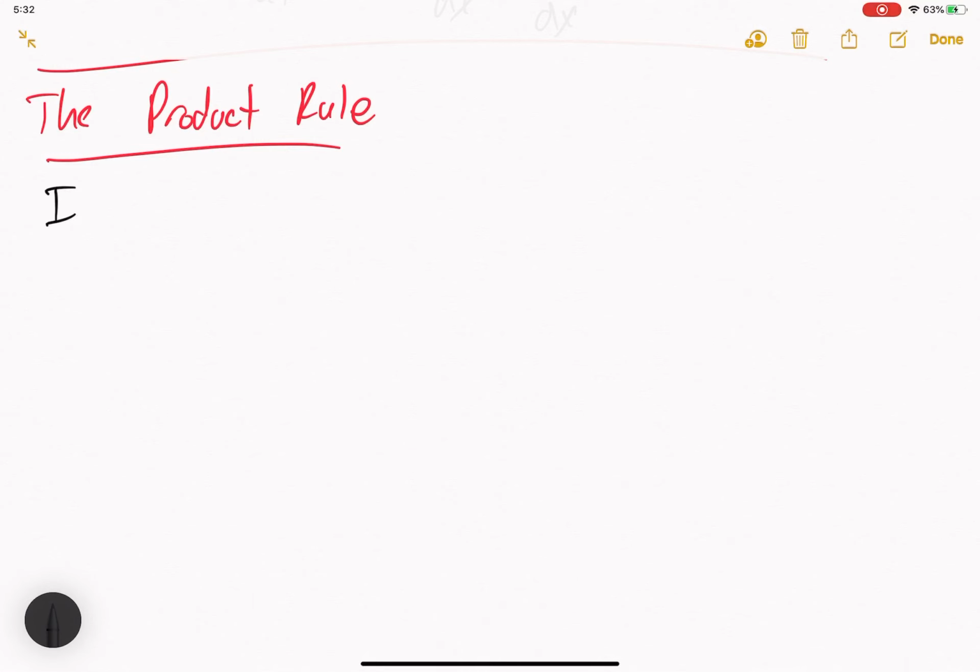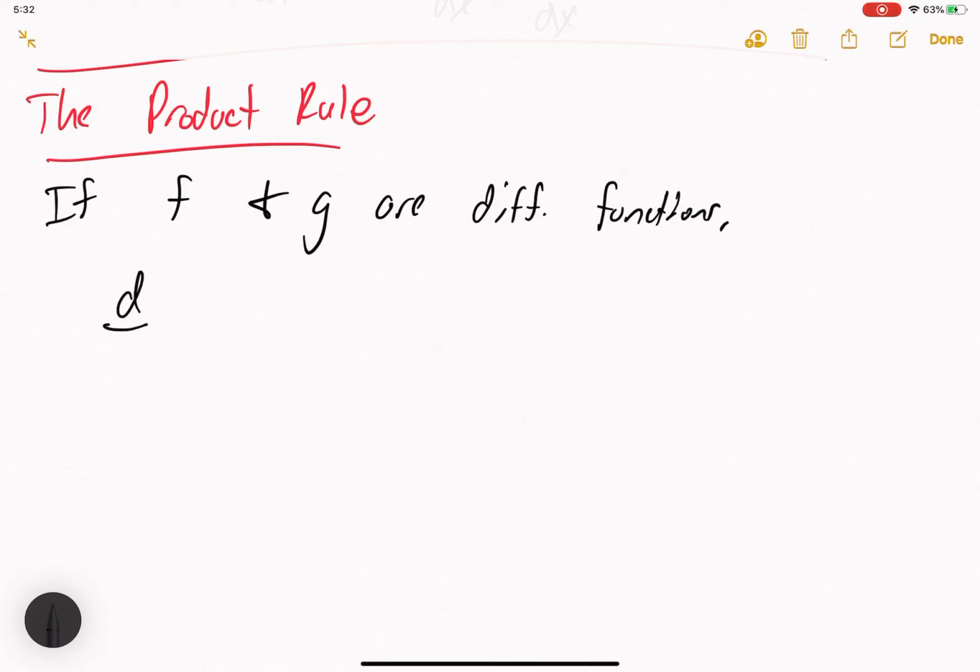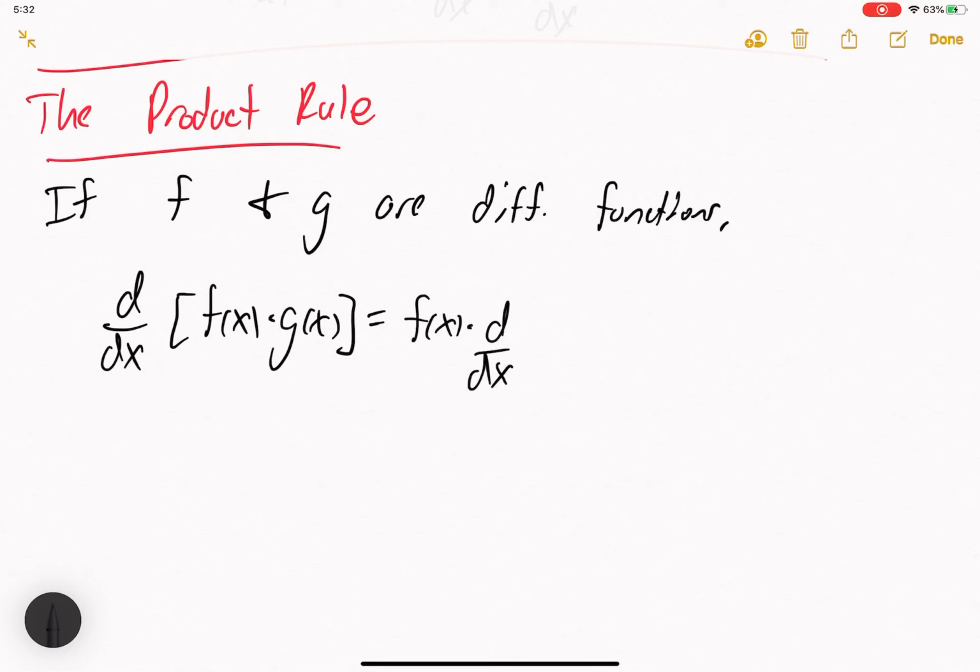So if f and g are differentiable functions, then d/dx of f of x times g of x is equal to f of x times the derivative of g of x plus the derivative of f of x times g of x.